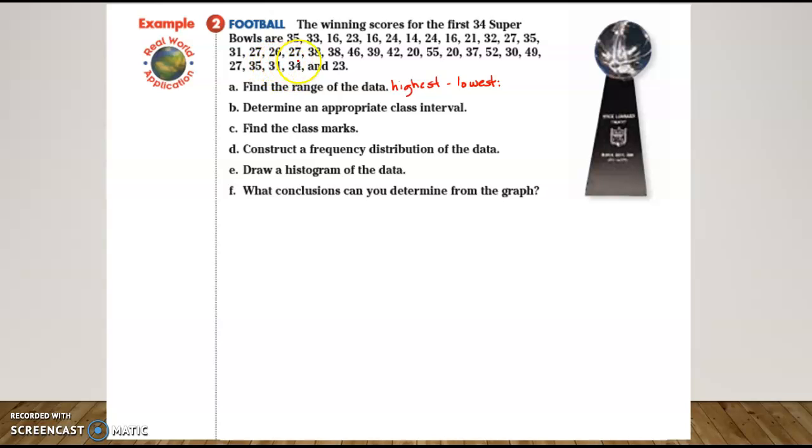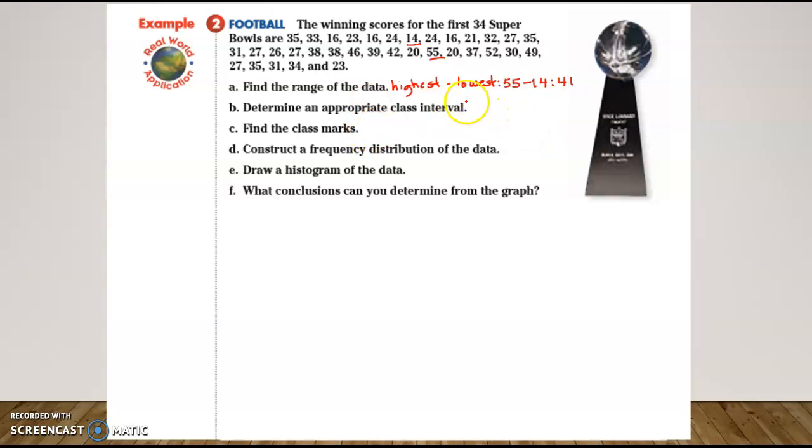Let's see what the highest is. 55. I don't see anything bigger than 55. So it'd be 55 minus 14. So your range is 41.